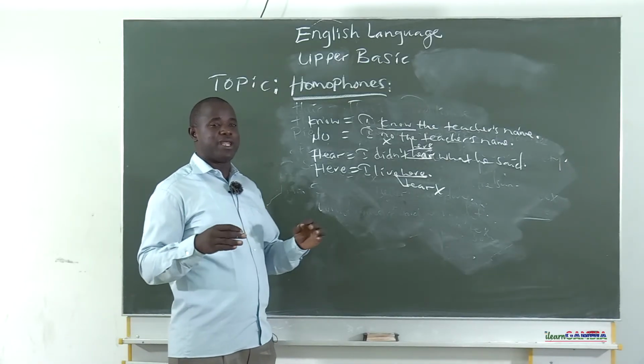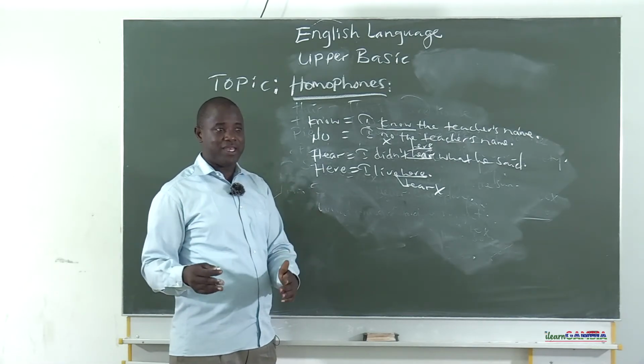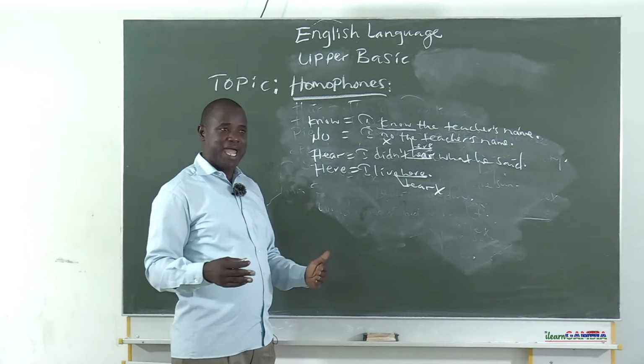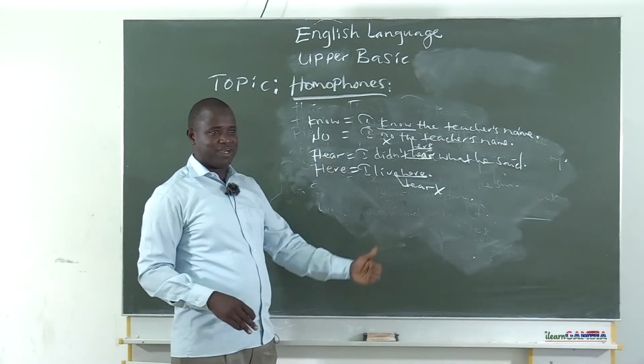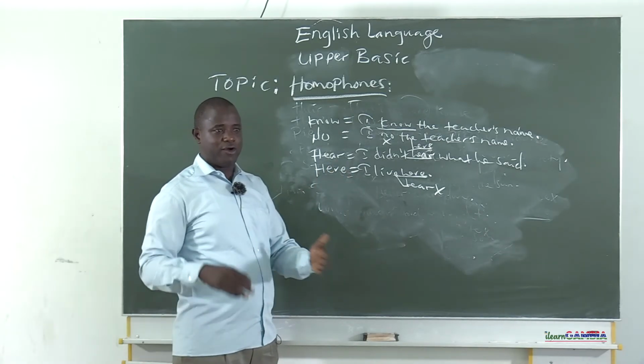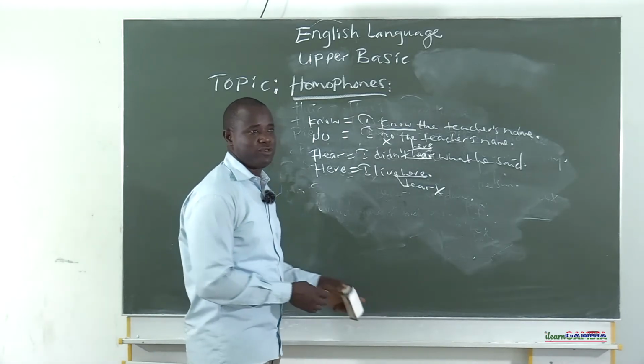So that is why we call them homophones. The same sound, but different spelling, different meanings, and of course sometimes different parts of speech. As we can see in the examples, some are verbs, others are adverbs, some are nouns, others are adjectives. All right, so we move on and we'll see more examples.